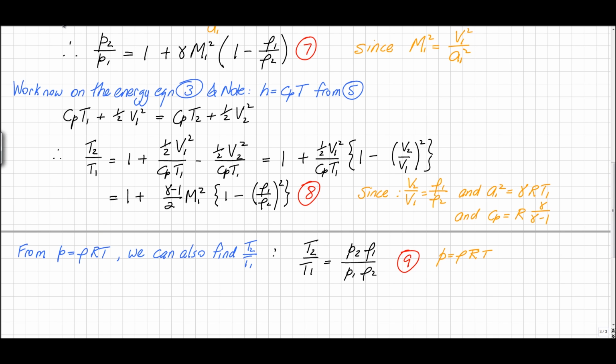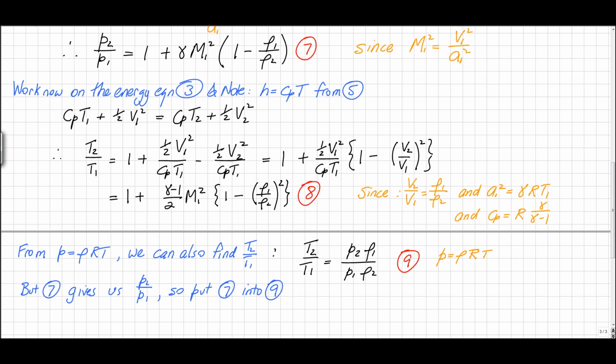Let's use equation 7, which is at the top of the page here, our pressure ratio. Equation 7 gives us P2 over P1, so we can put our expression 7 into expression 9 because we've got a P2 over P1 in there.